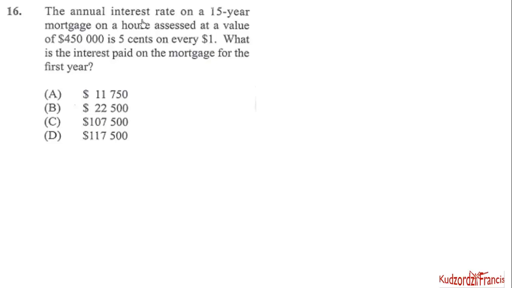The interest rate on a 15-year mortgage on a house assessed at a value of $450,000 is 5 cents on every $1. What is the interest paid on the mortgage for the first year?